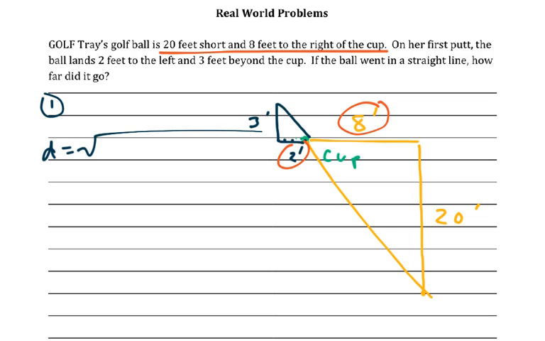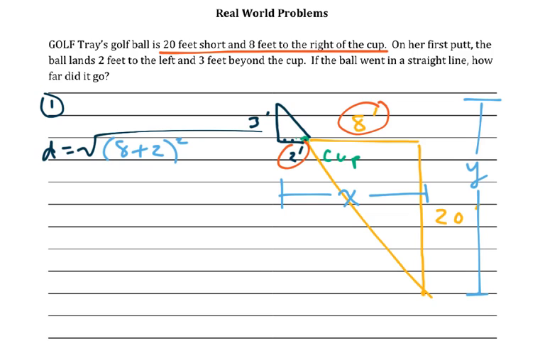Now, this would be like 8 minus a negative 2, so it's really 8 plus 2 if you wanted to stick to the formula. So I'll show 8 plus 2 squared, because that's how far they are away in terms of x. And then as far as y is concerned, it's going to be like 3 minus a negative 20, or however you want to think of it.